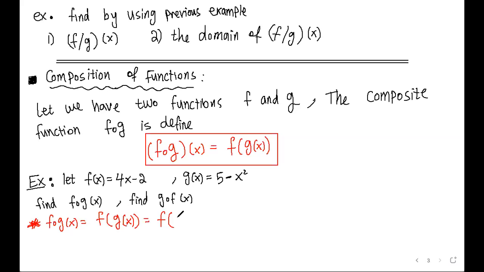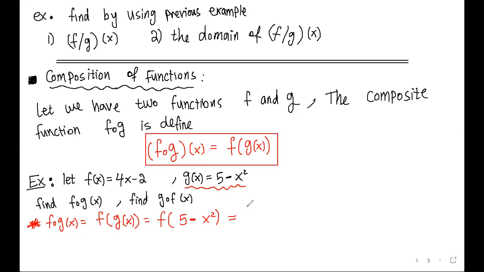Angel said f of 5 minus x squared. We get this function from here. We put this function inside the function, inside f. Then what you have to do, Angel? Then we substitute that into the formula f of x, 4x minus 2.